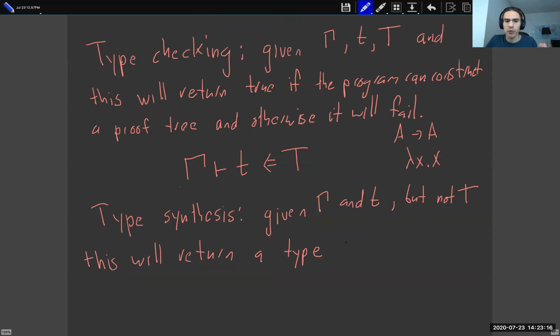Type synthesis will return a type or fail. It will return a type if the program can infer a type, if there's sufficient information to infer a type for t.